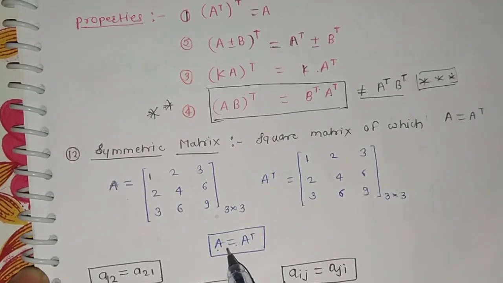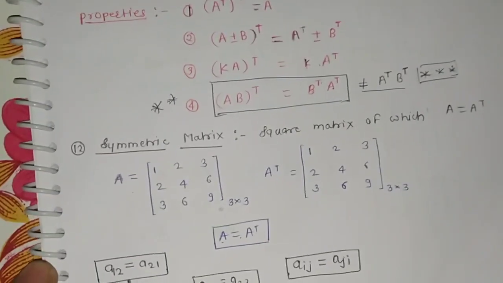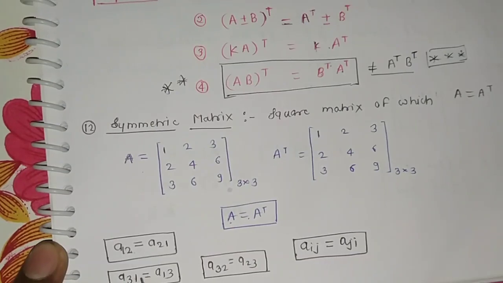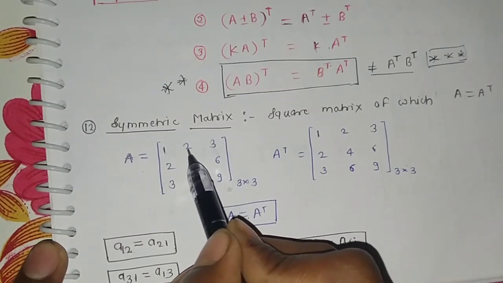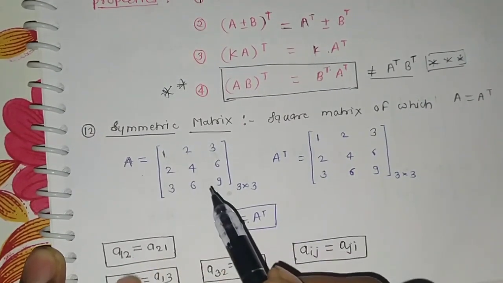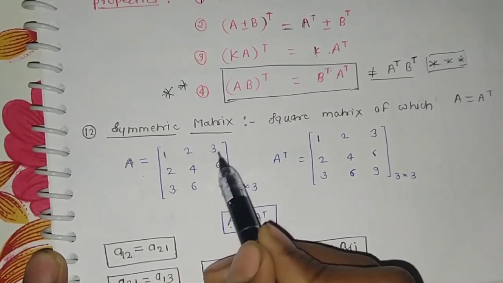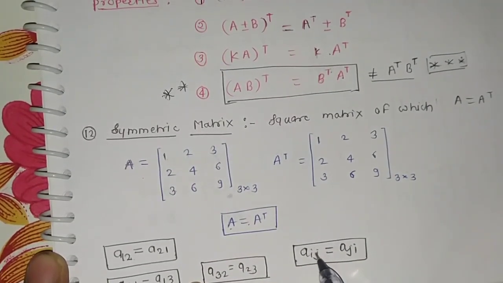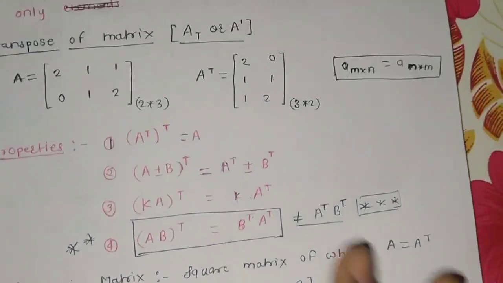A transpose is equal to A, which means indirectly A12 is equal to A21, A31 is equal to A13. Similarly, A32 is equal to A23. So Aij is equal to Aji, that is a symmetric matrix. Simple, you can write all these things.